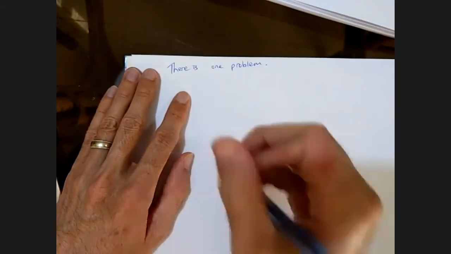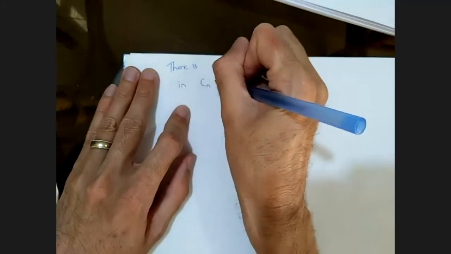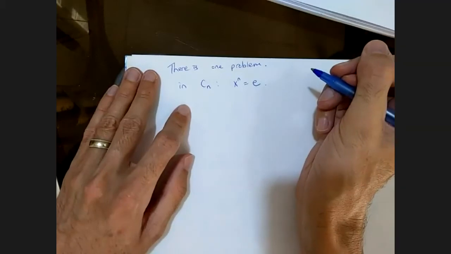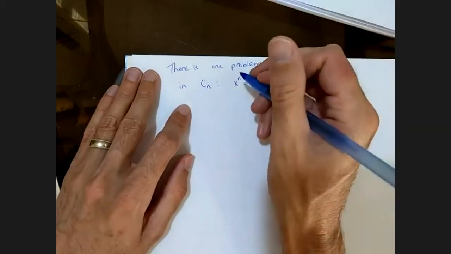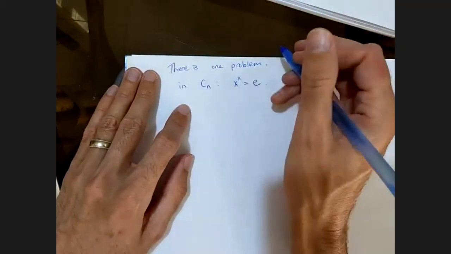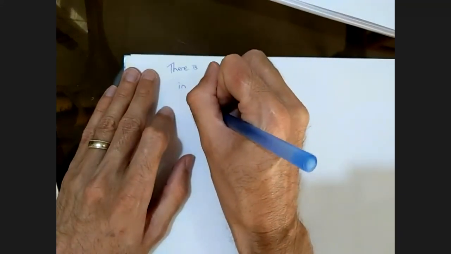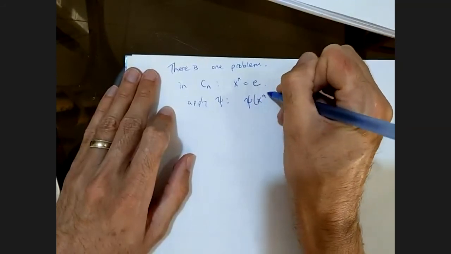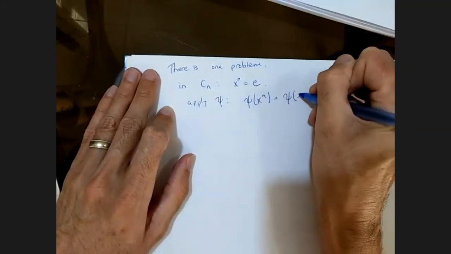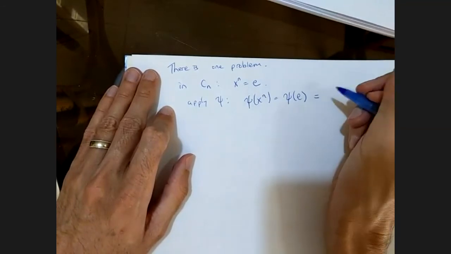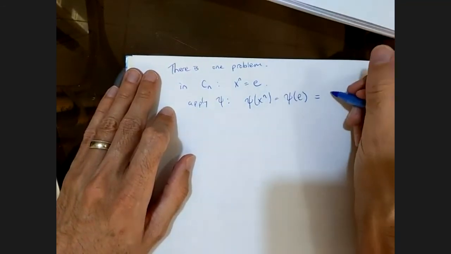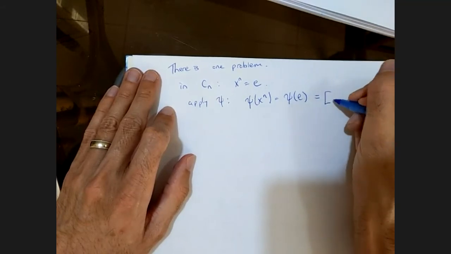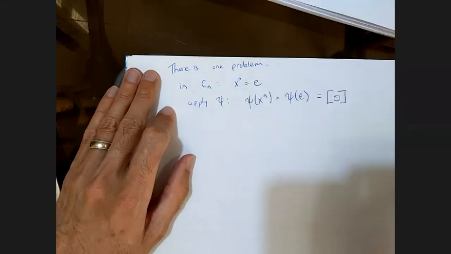In Cn, we have the equation x to the n equals the identity. Now, if we were to apply psi, we get psi of x to the n equals psi of the identity. Assuming psi is a homomorphism, psi of the identity is the identity of the codomain, which is the equivalence class of 0.